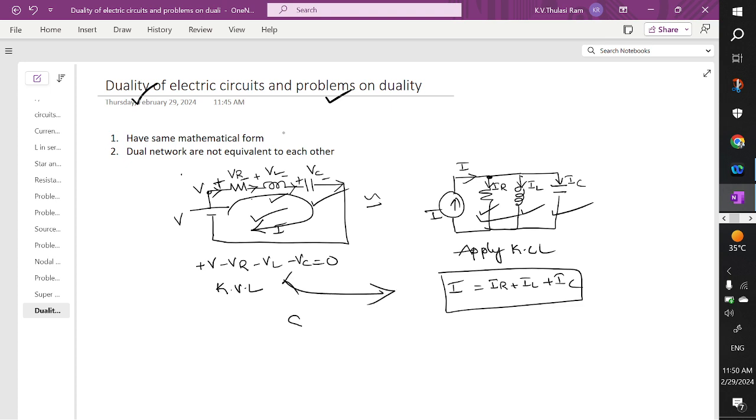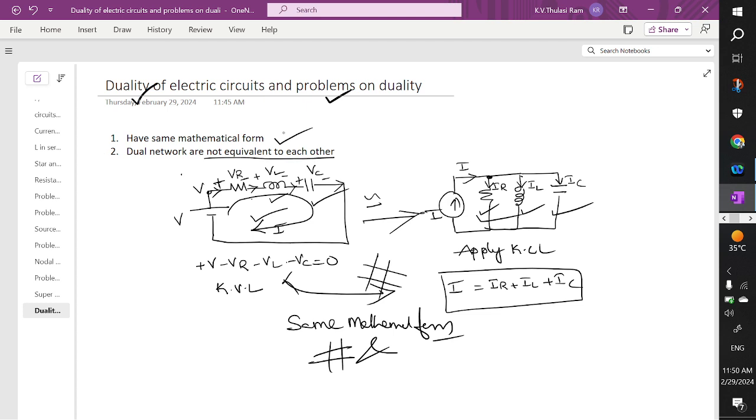These two equations are of the same mathematical form, but they are not equivalent. Mathematically these are the same. That's why dual networks have the same mathematical form, but the dual networks are not equivalent to each other. This is what we have to understand.